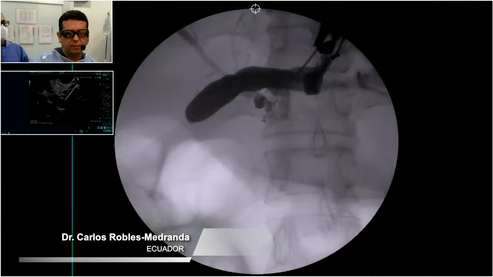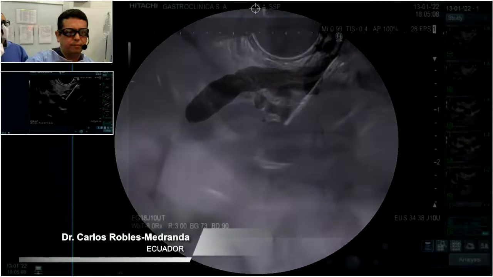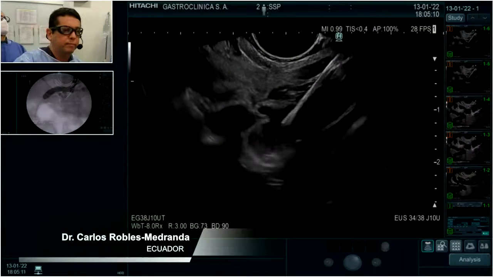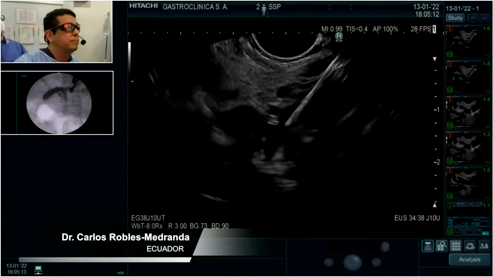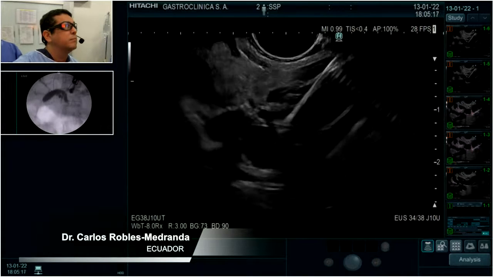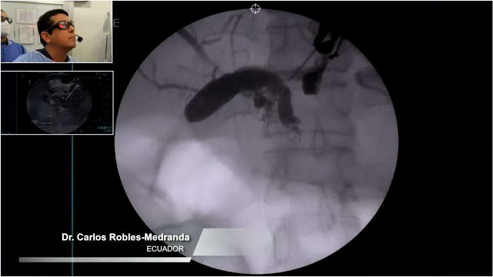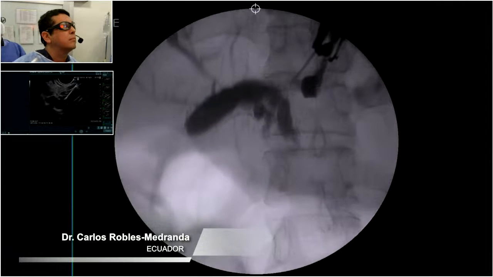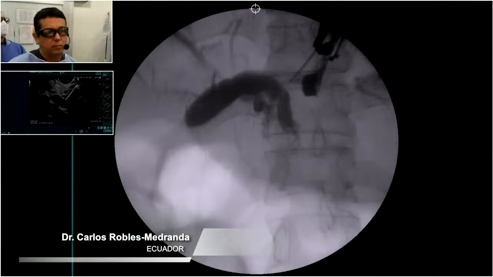Salina. So I will perform a small dilution first with saline. No, más salina, más contraste.